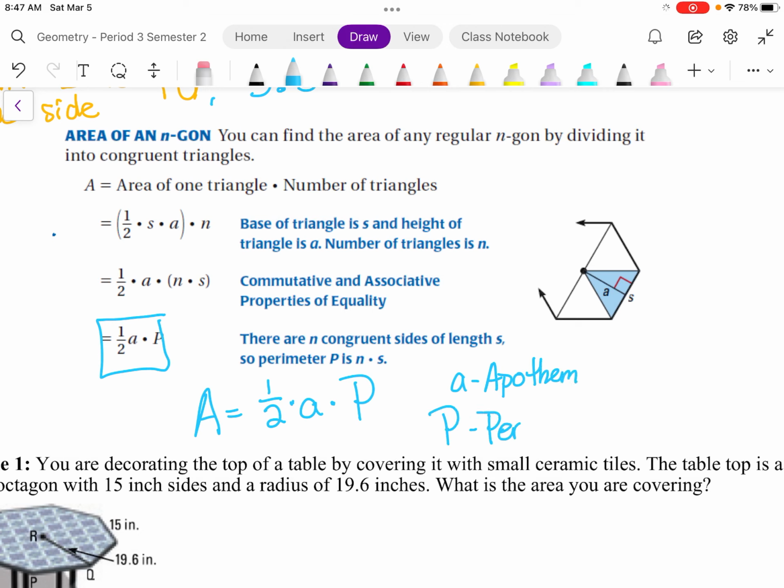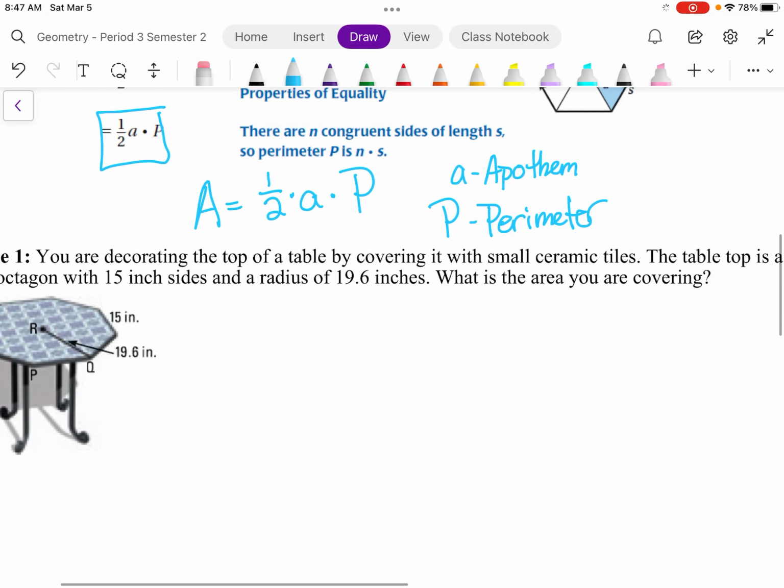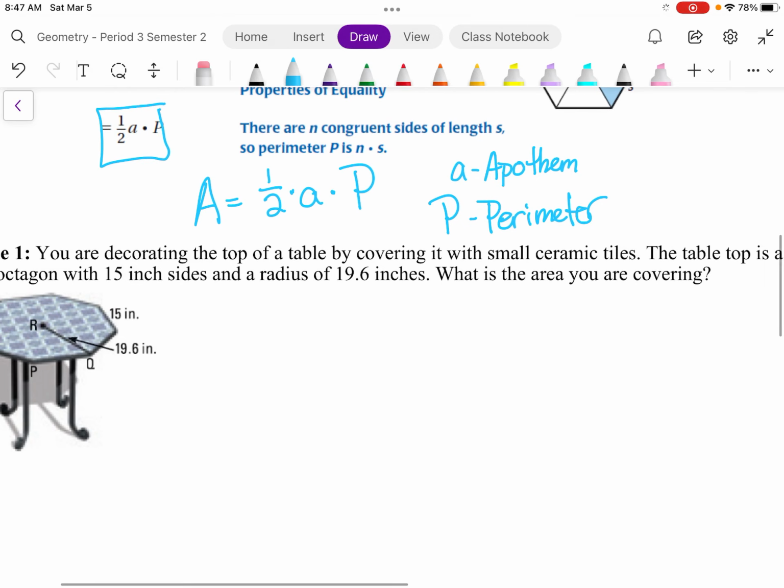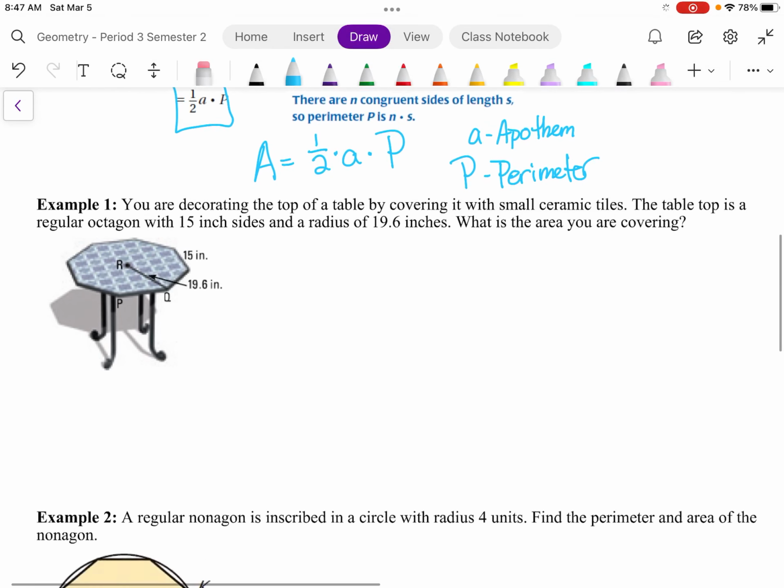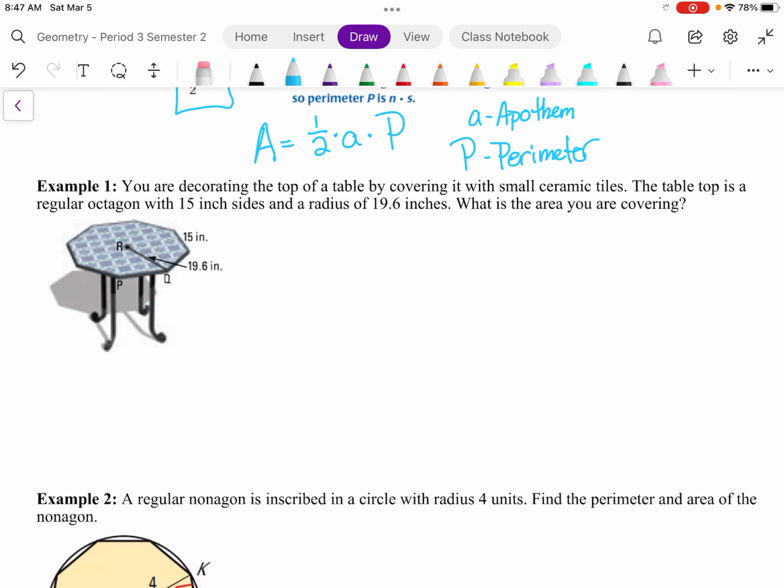And capital P represents the perimeter. And remember, perimeter is the distance around the shape. So this is a second way that we can find the area of a regular polygon. Now let's do some examples.